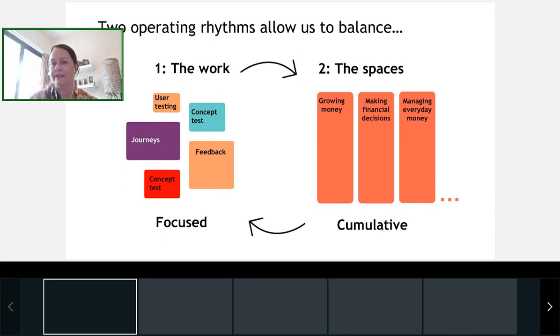The second space is how people make financial decisions: how they set goals, how they manage their strategies, where they get inspiration from. And then a third one is managing everyday money. So, things like making your spending work harder, honouring obligations, being a prudent tracker of your money, etc.